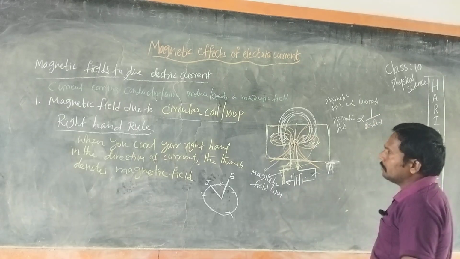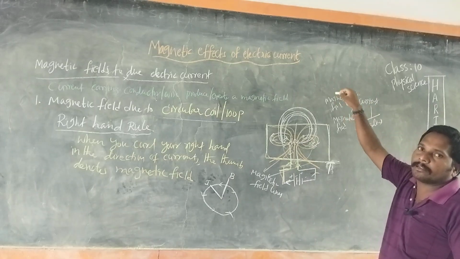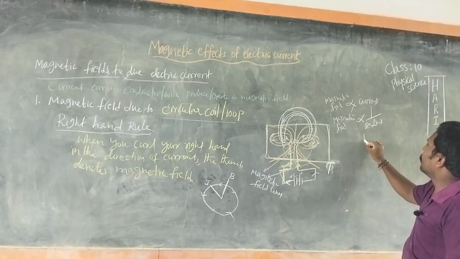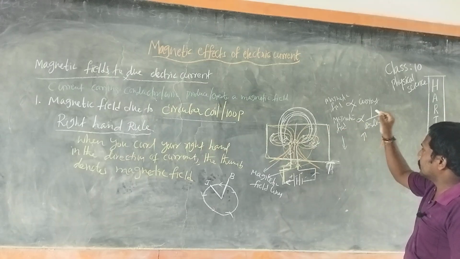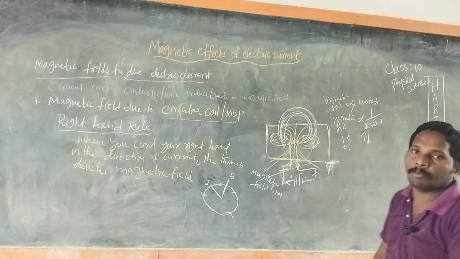As usual, more current means more magnetic field is formed. If the radius of the circular loop is more, the magnetic field strength is less. If the radius is less, the magnetic field strength is more.